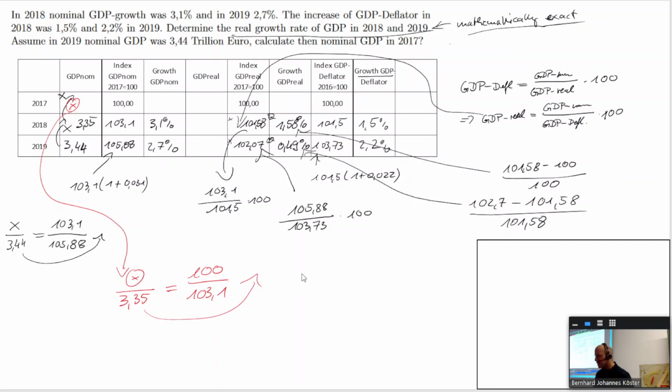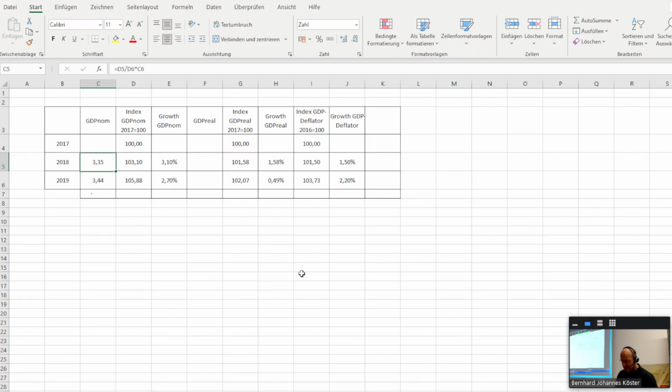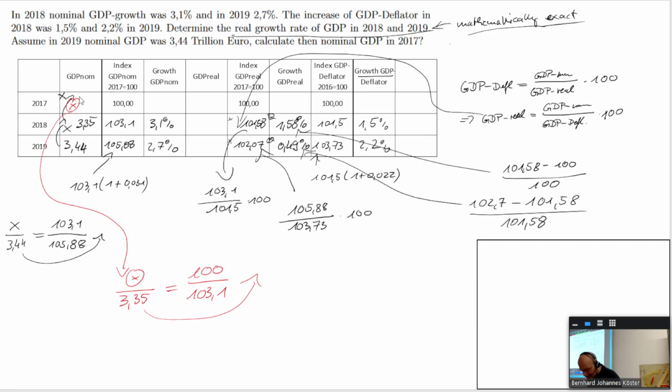So also multiplying this, and of course in Excel I can just copy the formula up here. If I click in here, then you also see that this is just 100 over 103.1 times 3.35. So 3.25.